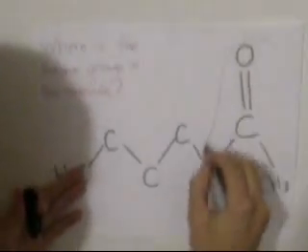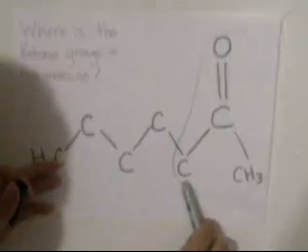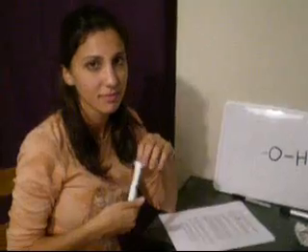So then, if this was the ketone group, these would be the R groups attached to it. As you can see, the R groups are different from each other, and like I said before, they're just the substituents attached to the molecule.